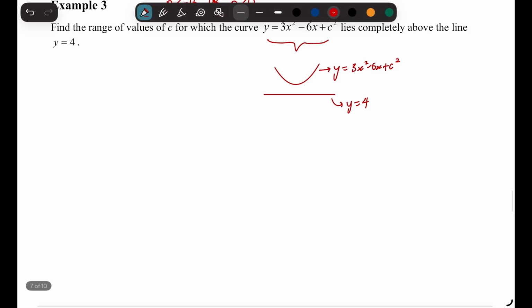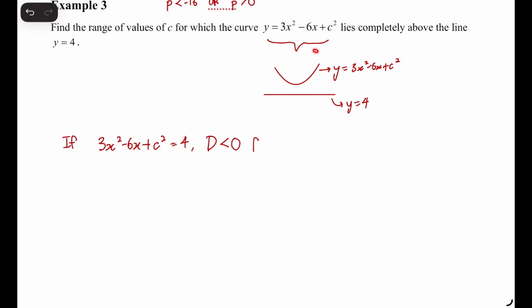if I were to equate the curve and line together, which means that I equate 3x squared minus 6x plus c squared equals 4, the discriminant of the resulting quadratic equation here must be less than 0, as there are no intersections between the curve and the line.